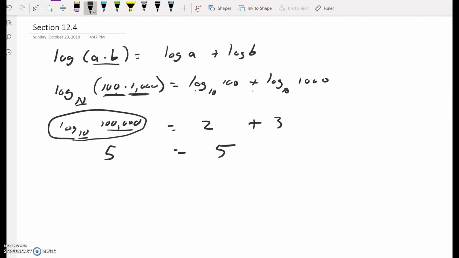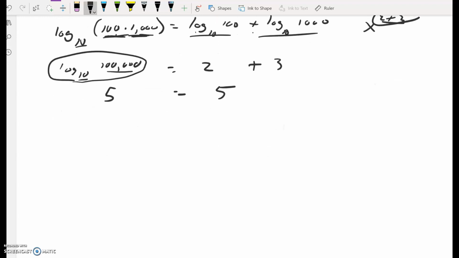And this has pretty directly to do with this idea that when you are multiplying quantities that have like bases, what do you do with the exponents? Do you multiply them? And the answer is no. Exponents get added, and logarithms are exponents, and sure enough, they get added.